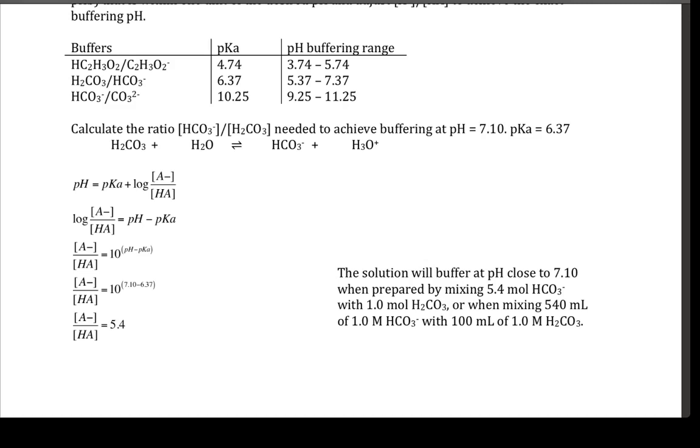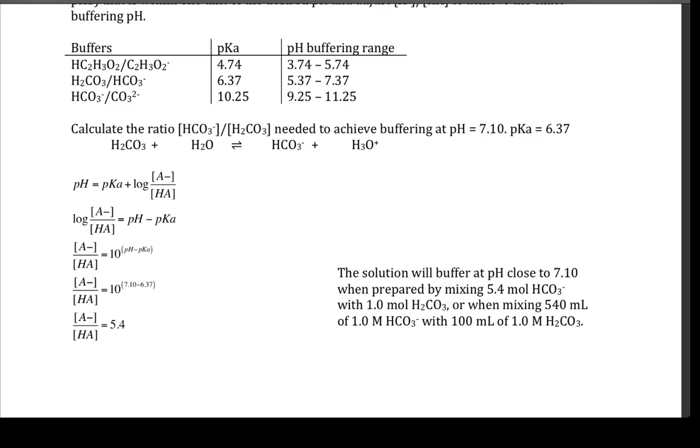Alrighty, so we see what our equilibrium reaction is: H2CO3 plus H2O in equilibrium with HCO3 minus plus H3O plus. Our Henderson-Hasselbalch equation is pH equals pKa plus the log of A minus over HA. We're after the ratio A minus over HA, so we're going to isolate that.